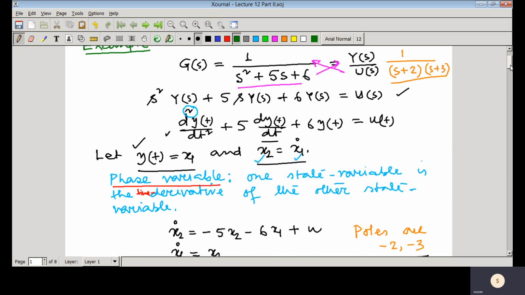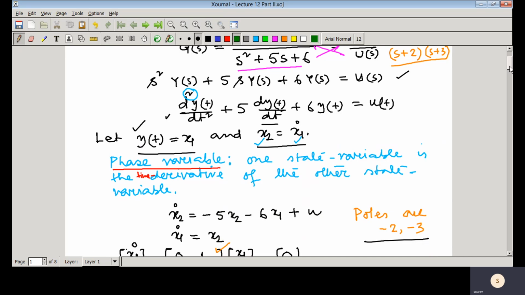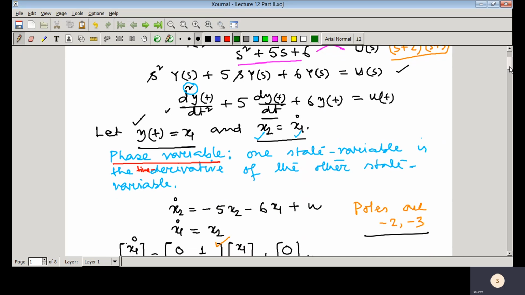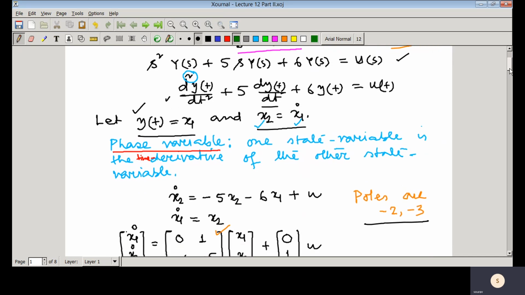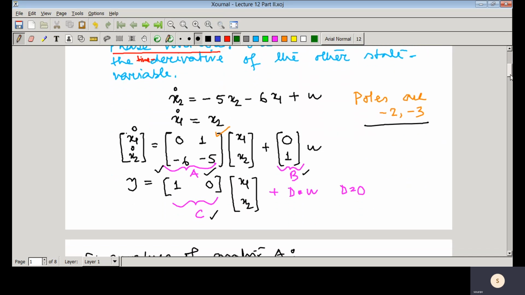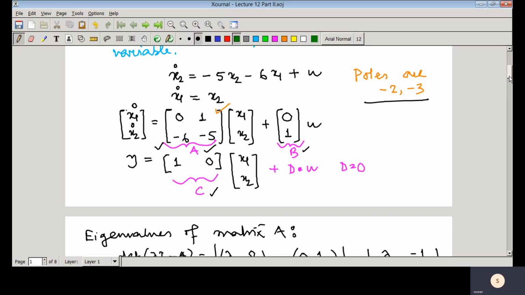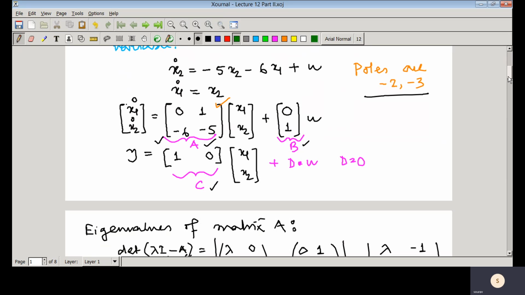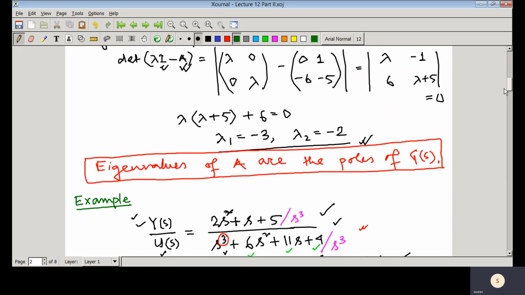Then we took one example, and from here we defined what a phase variable is. A phase variable is a state variable which is the derivative of another state variable. And from one example, we found that the poles of the transfer function of the system are actually the eigenvalues of the system matrix.